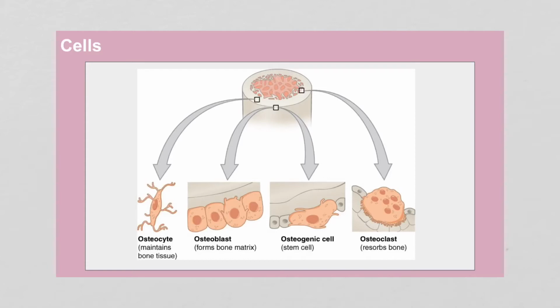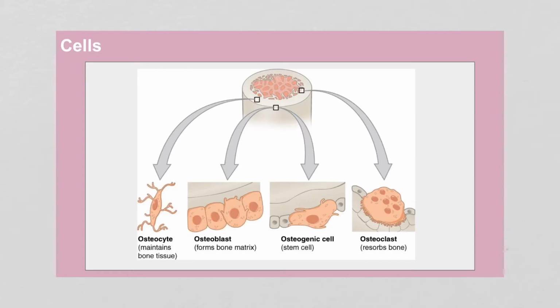And so while they secrete this unmineralized osteoid, over time, minerals are going to bind to those proteins within the osteoid and harden the bone. Osteoblasts are also actively mitotic, so they can divide, multiply, and continue bone building.